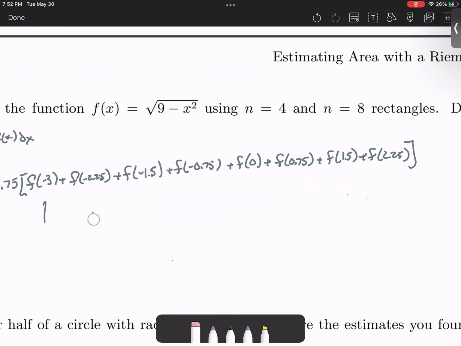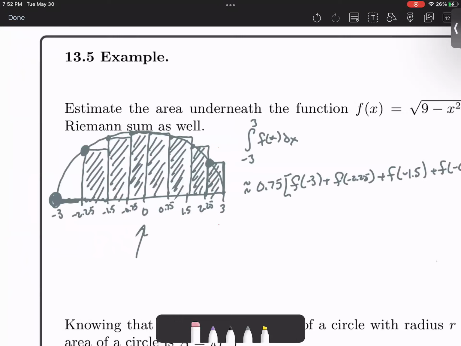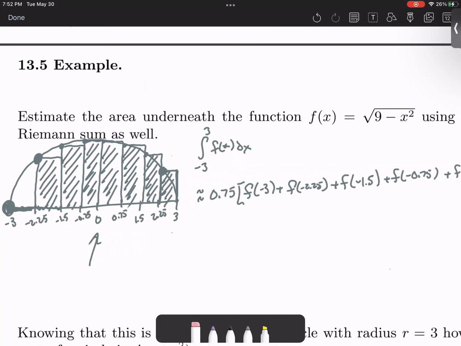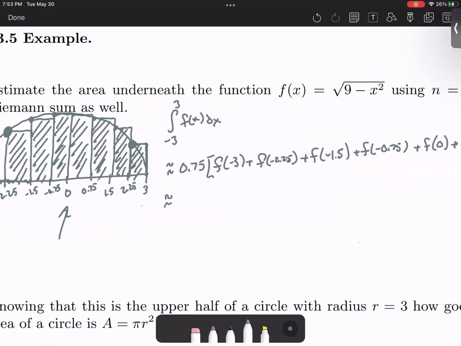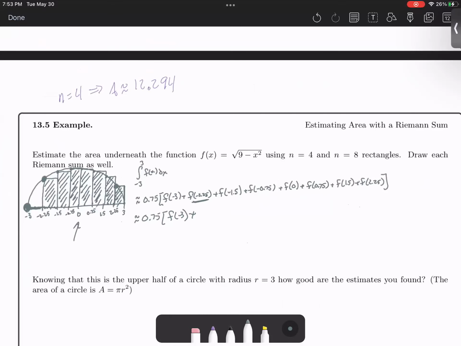Okay, we can also use the fact that we know that this is an even function. If you go to your definition there and replace x with -x, you would get the same thing. So let's clean this up just a little bit. F of -3 plus, and then the function at -2.25 is going to be the same thing as the function at +2.25, right?